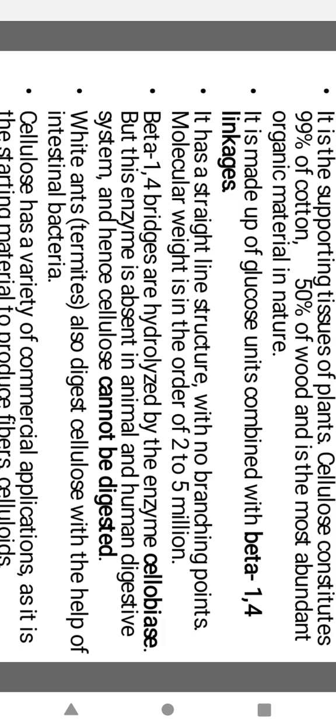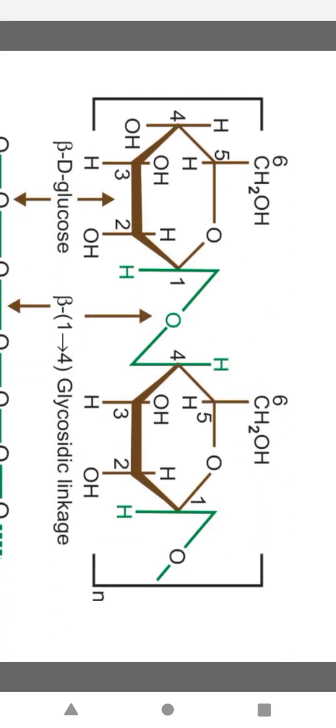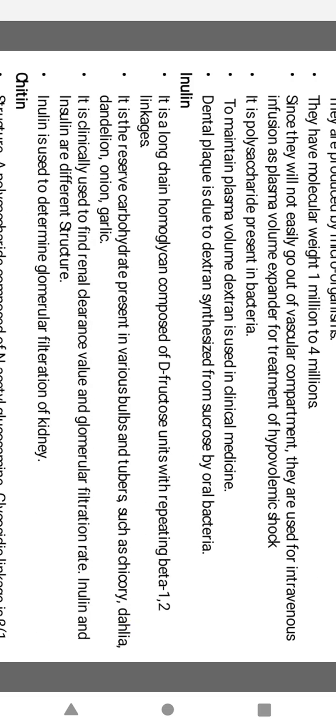It is present in many microbial flora, which can cleave only the 1,4 linkages, that means the beta 1,4 linkages. White ants also digest cellulose with the help of intestinal bacteria. Commercially, cellulose is very widely utilized.